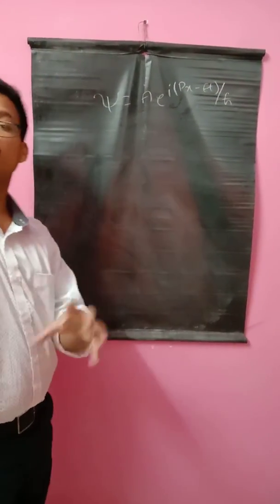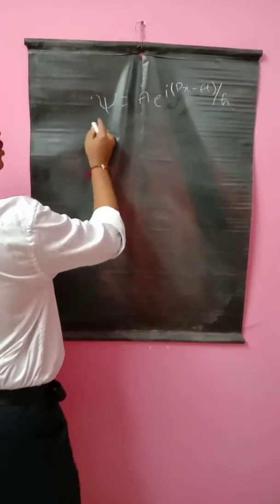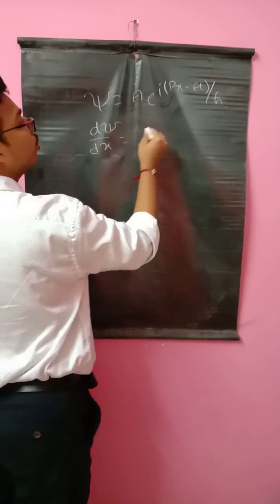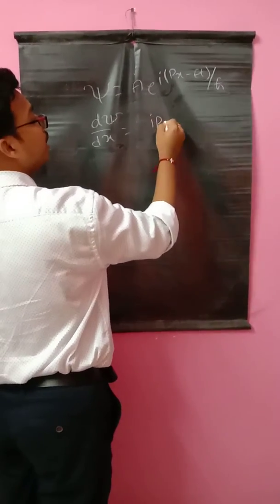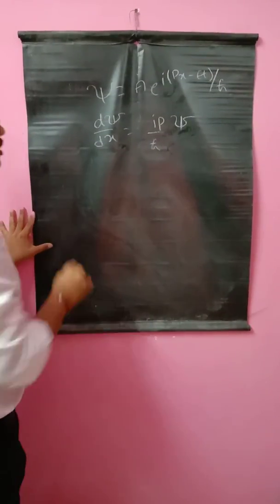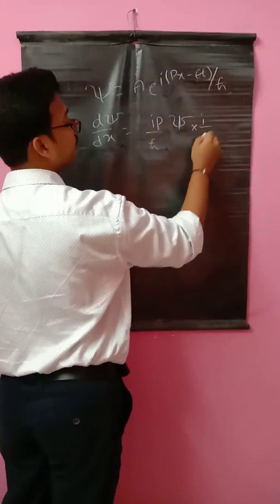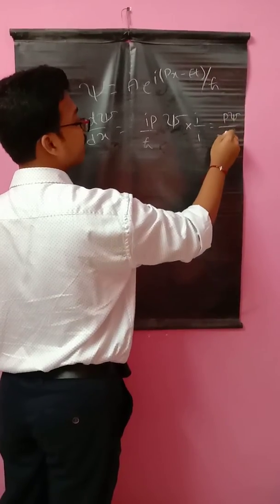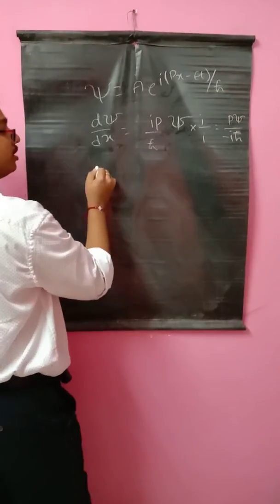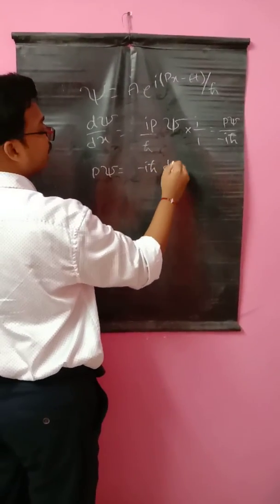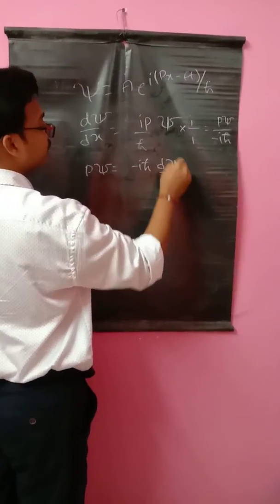Now we discuss the Schrodinger time independent equation. So we can differentiate only with x: d psi by dx is equal to ip psi by h bar. Multiplying i by i, it is p psi by minus i h bar. On rearranging, p psi is equal to minus i h bar d psi by dx.